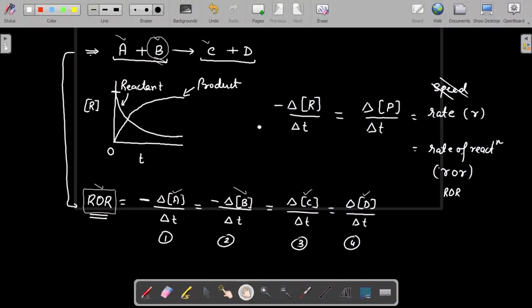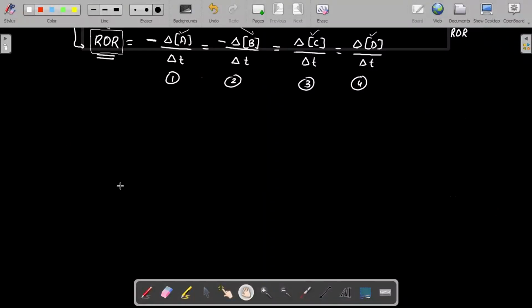Okay. Now, the reaction which we have assumed hypothetically is A plus B gives me C plus D. Usually the chemical reaction does not occur in this way.